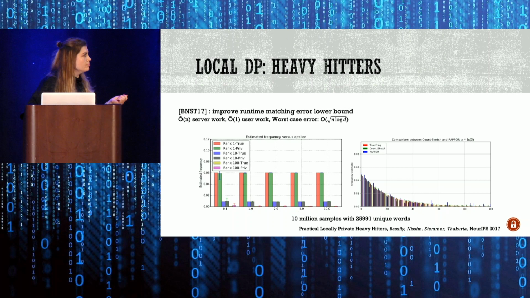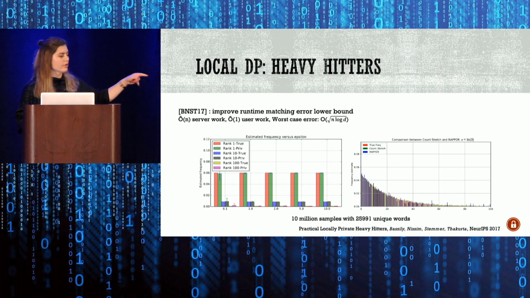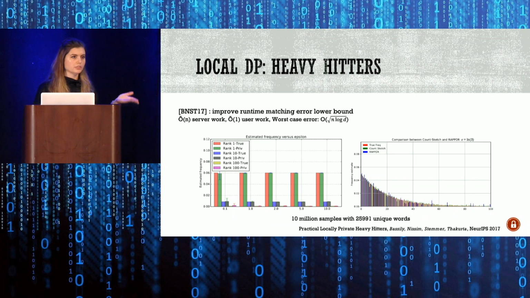And as you can see from this result, you can see comparisons between the estimated frequencies using this algorithm compared to the exact frequencies in a data set of 10 million samples with about 26,000 unique words. And you can see that smaller values for epsilon mean more privacy, and we expect that this is where we'll have more error in terms of the utilities.